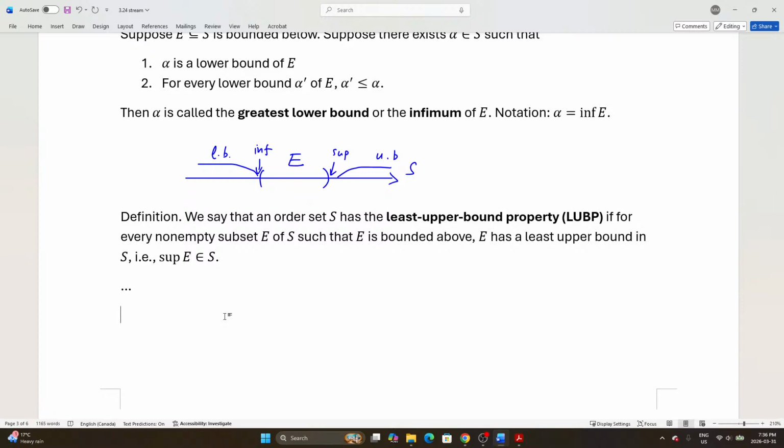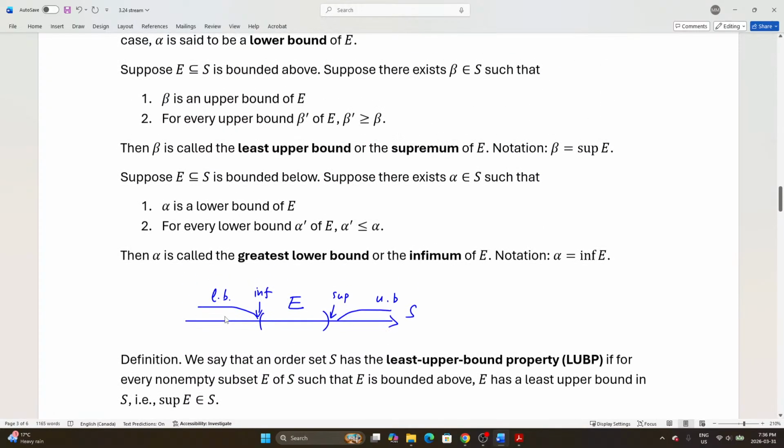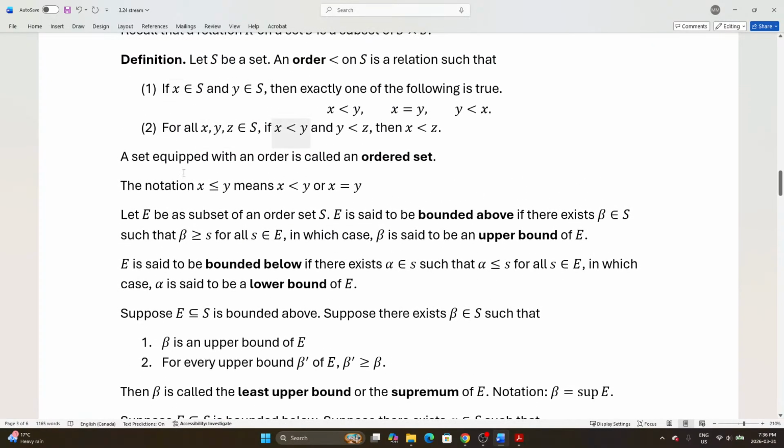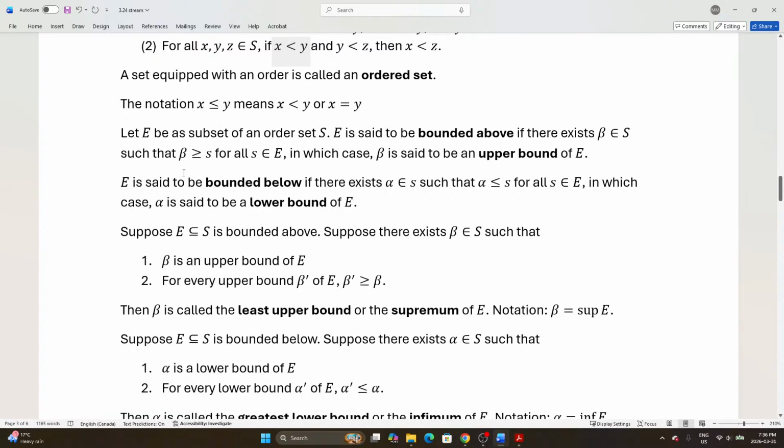But we never really gave a concrete procedure of how to decide whether two elements are in what order, right? We just said, whatever order relationship needs to behave in this way. This is an axiomatic definition. It does not have any content.